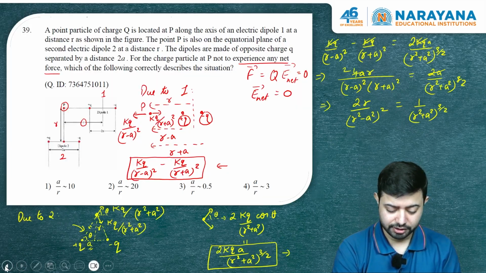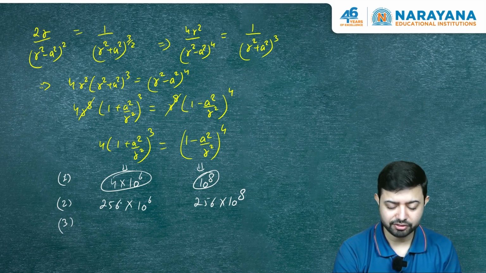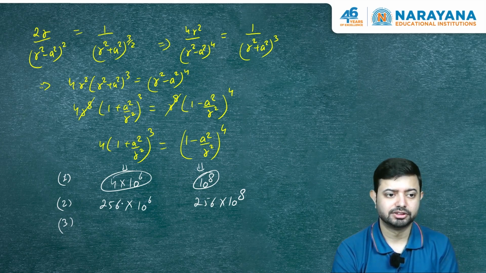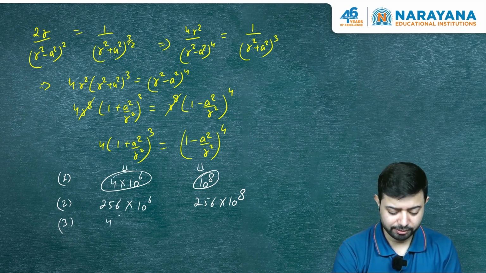Third option, A by R is half. Then 1 plus 1 by 4 is 5 by 4. So, 4 times 5 by 4 to the power 3 on the left hand side.